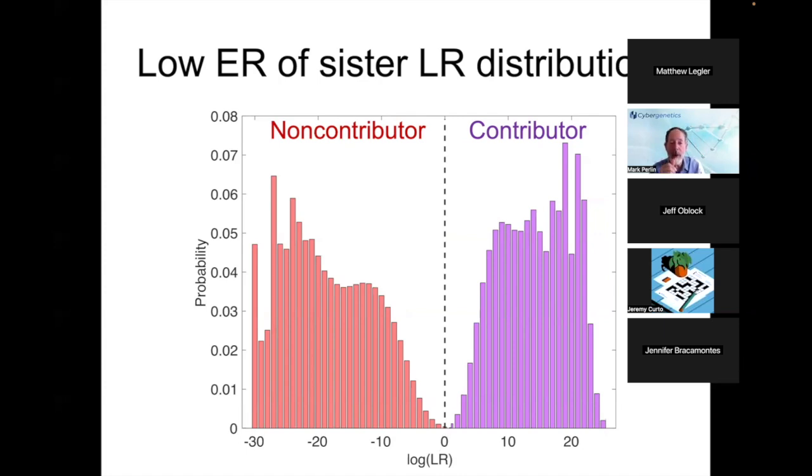How do we know that we can rely on the non-contributor distribution? It's because the contributor distribution has a very low error rate. So these two distributions support themselves, and an empirical study with 1 million comparisons produced the identical distribution with the non-contributors, but a much lower resolution. So basically, by understanding these distributions and error rates, and when they're low, that's what makes the results more reliable.